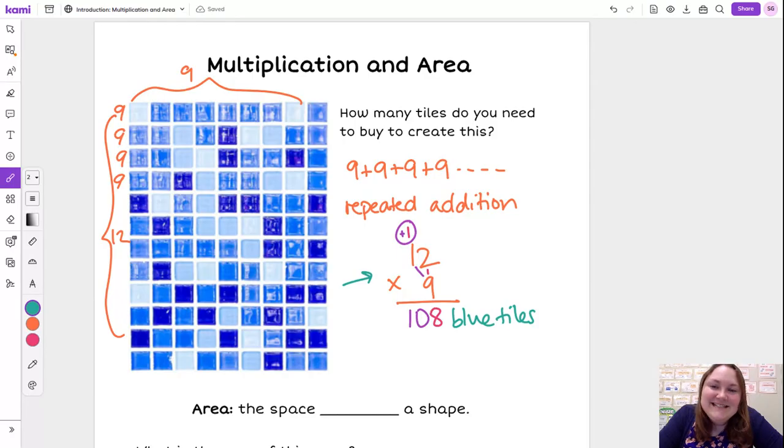Now, the other idea we're talking about in this lesson is area. Area is the space inside a shape. You may hear the word area outside math class. For example, if you look at an apartment or a house, they might tell you the area of this apartment is 800 square feet. What that means is similar to this picture.